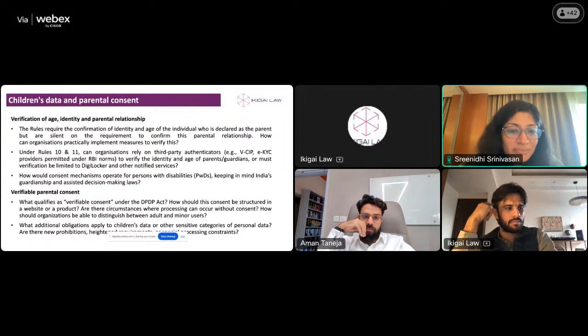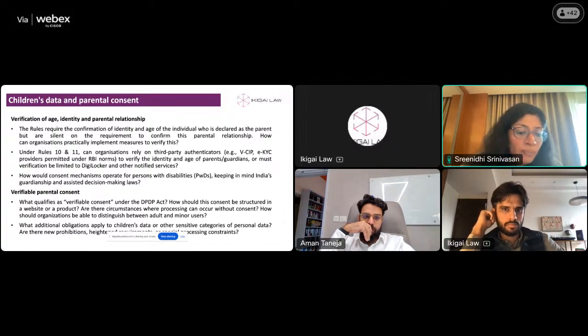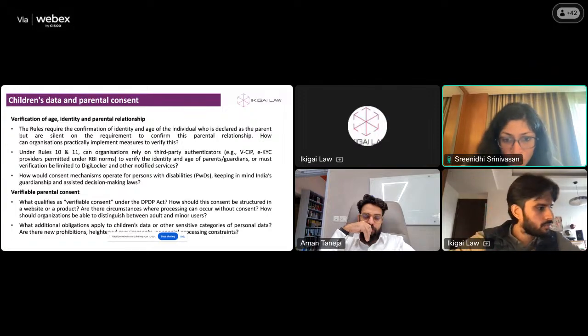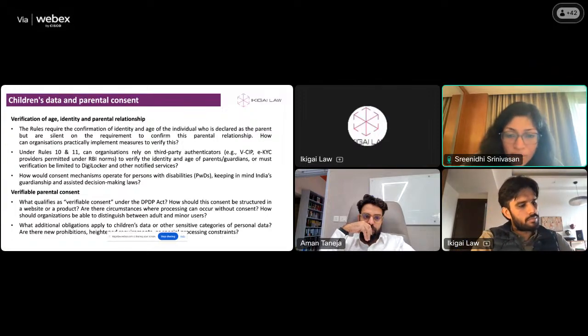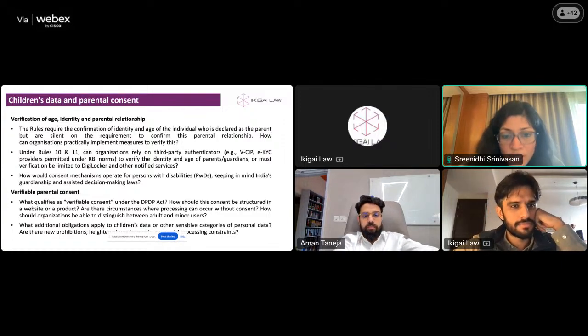It's a pretty tricky piece as to what would constitute verifiability, especially given the nature of your service or your platform. Whether it is actually a strict standard for KYC or a much lower kind of threshold for just some OTP verification or an email verification, each platform will have to decide what that assessment or due diligence measure looks like for them.